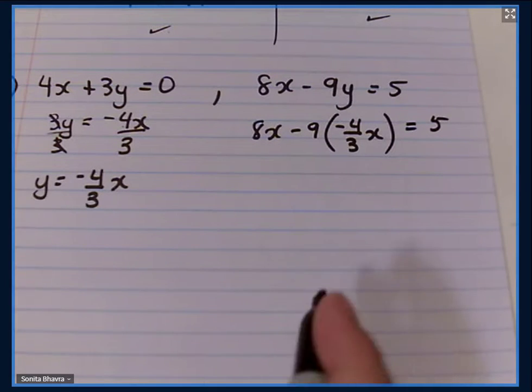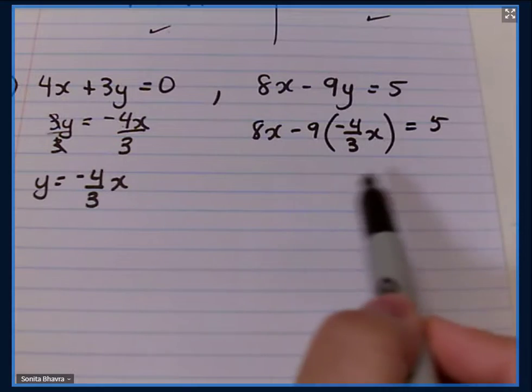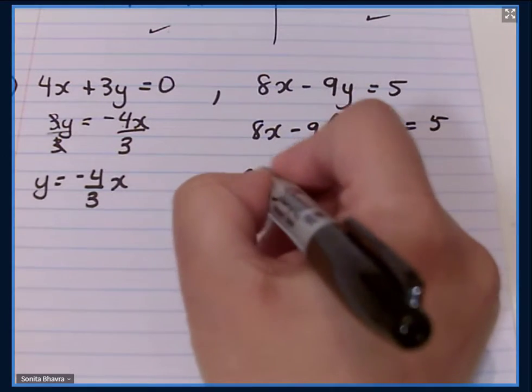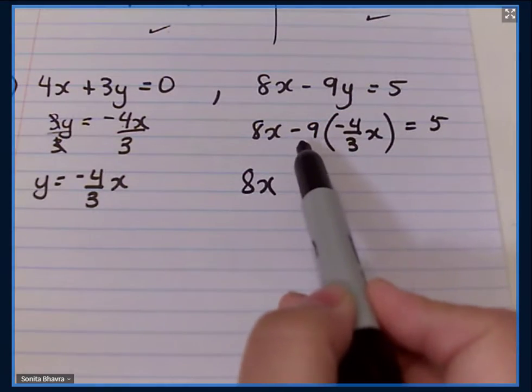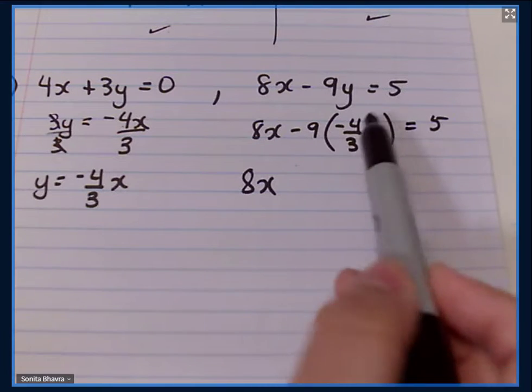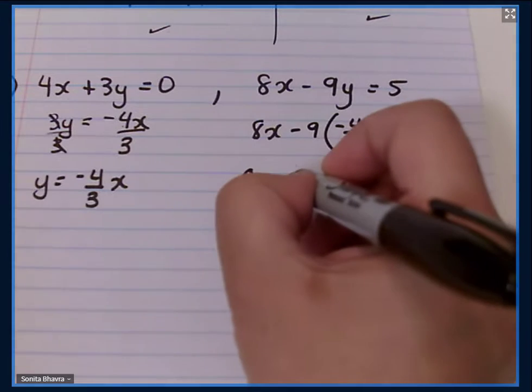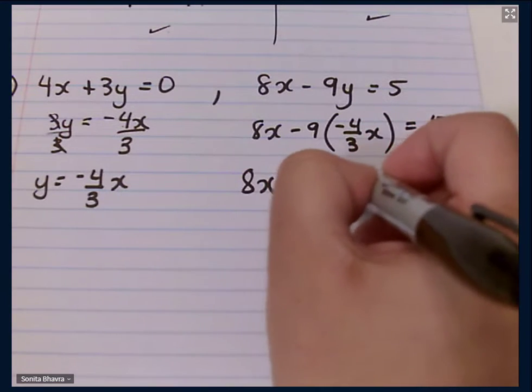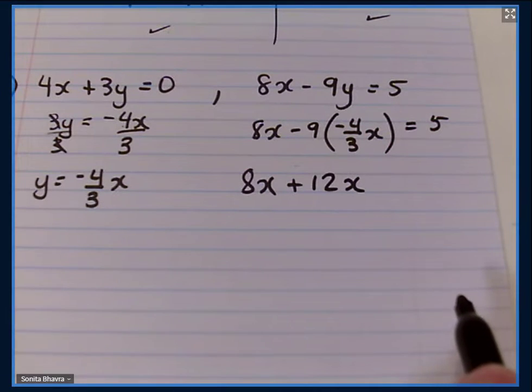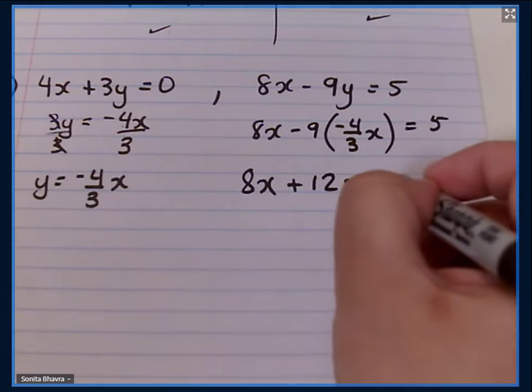Okay, and let's multiply this out. So 8x, and negative 9 times negative 4 over 3 gives me 12x, and that is equal to 5.